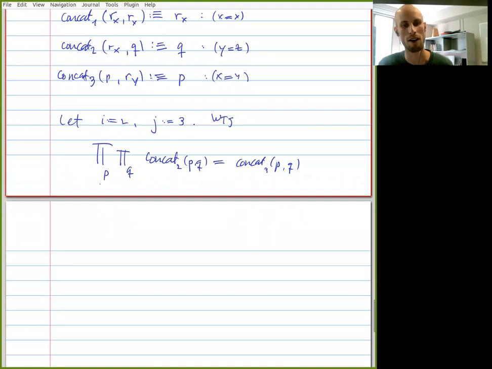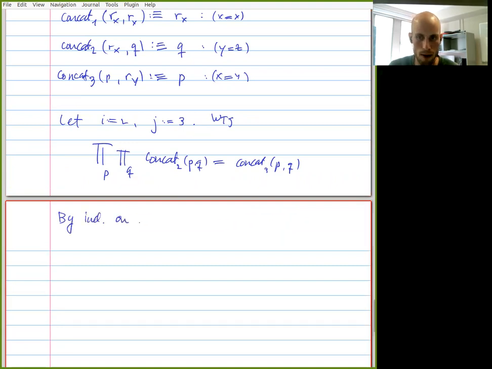And so I can induct on Q afterwards. And by inducting on P and Q, the goal reduces to the following. We're concatenating with two reflexivity paths. So concat 2 Rx, Rx equals concat 3 Rx, Rx. But this just computes by what we discussed above.